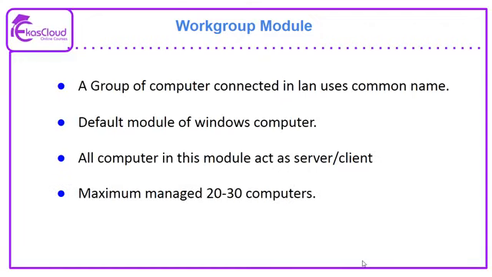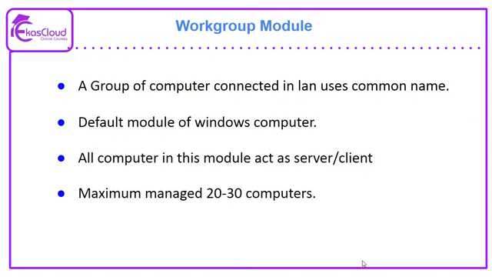The workgroup model is the default model of all Windows computers, which means Windows Server operating systems and Windows client operating systems, all operating systems. So install any one operating system on your host, and you will check that the default mode in your operating system is the workgroup model.